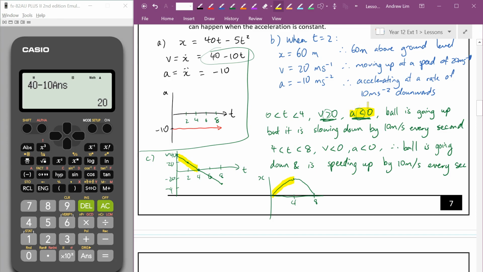Concave down, second derivative is less than 0. Therefore, it has to be slowing down. And here velocity is negative, which means it must be sloping down, which when we draw the tangents along the displacement curve, it is sloping down. And it's also concave down still, that's why acceleration is negative.